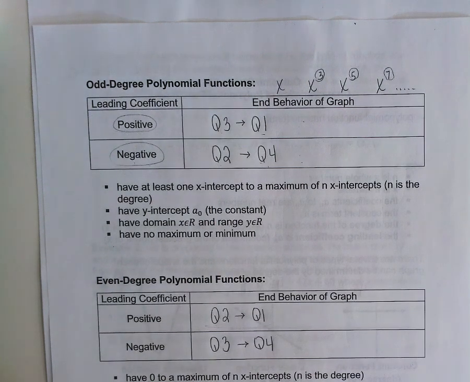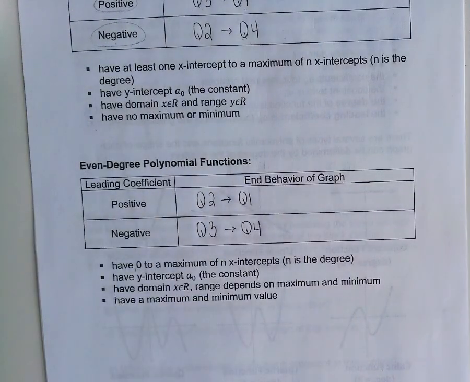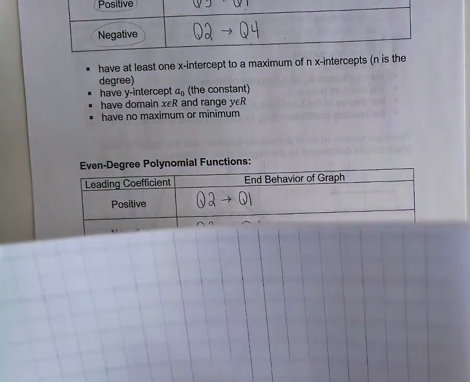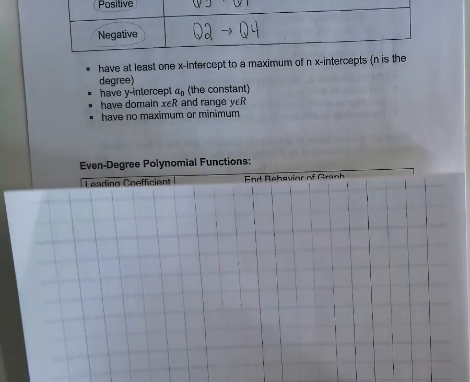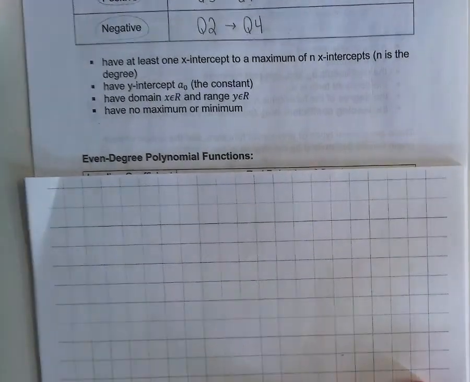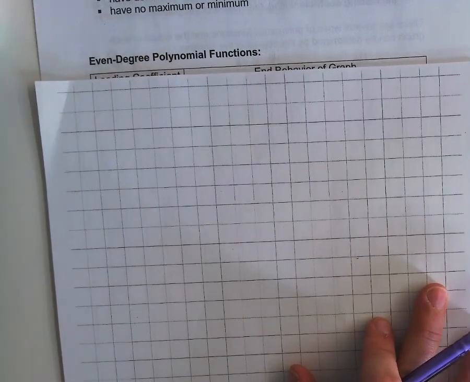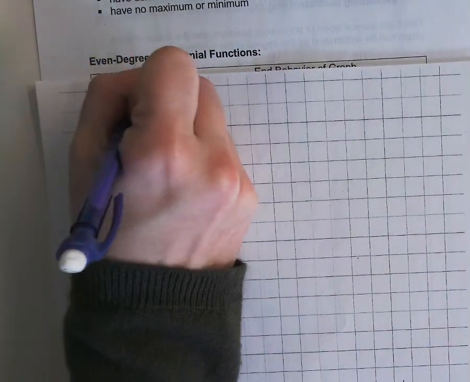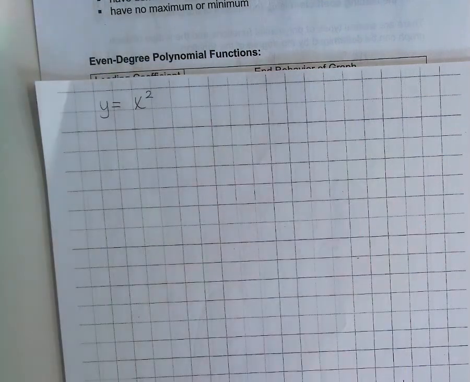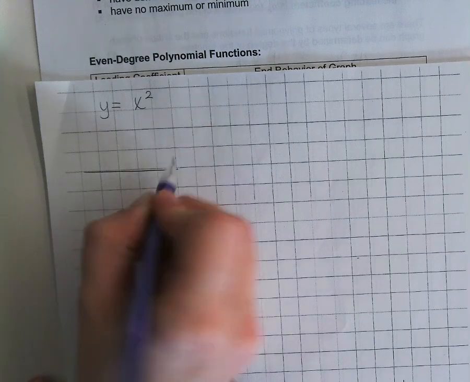For even degree polynomial functions, I'm going to show you an example using quadratics. The most common even degree polynomial function is y equals x squared.